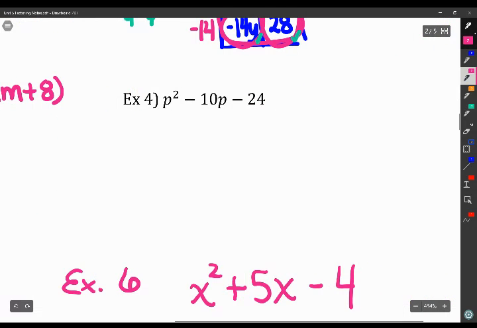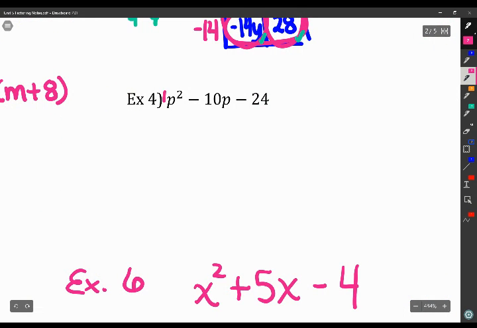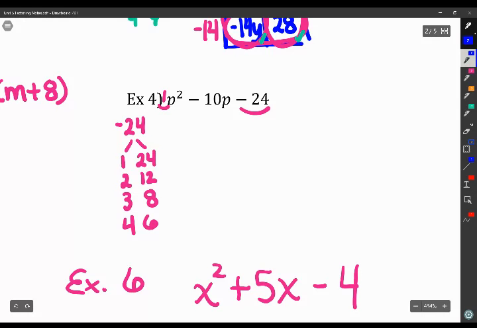Example 4, same idea. So there's really a 1 here. So 1 times negative 24 is negative 24. Our factors of negative 24, or just 24, are 1 and 24, 2 and 12, 3 and 8, or 4 and 6. And I'm looking for a pair that gives me negative 10 in the middle.